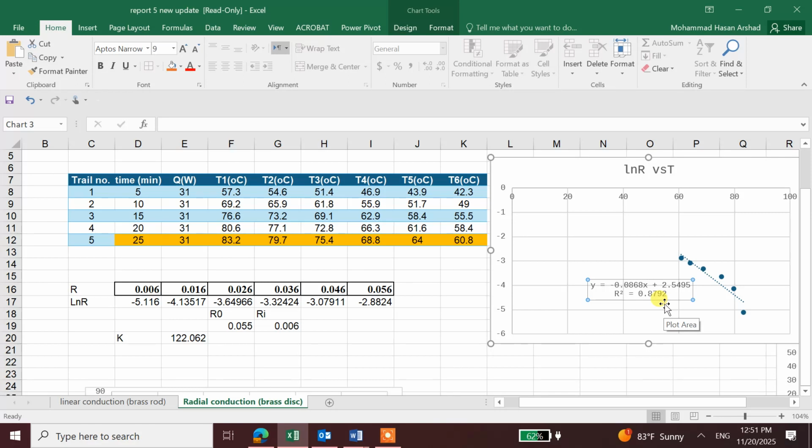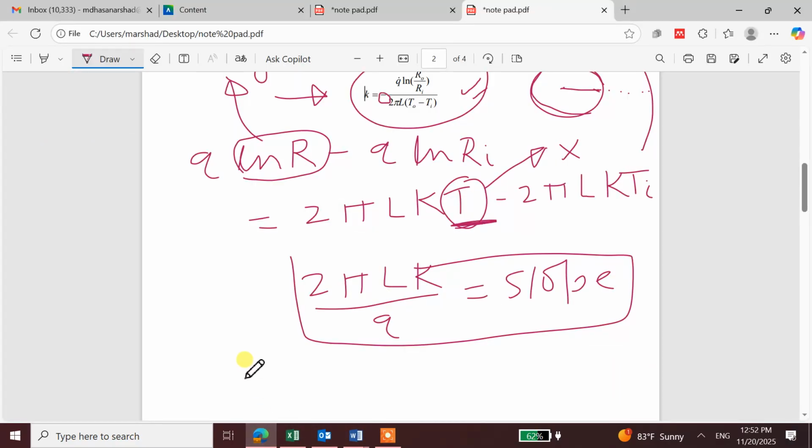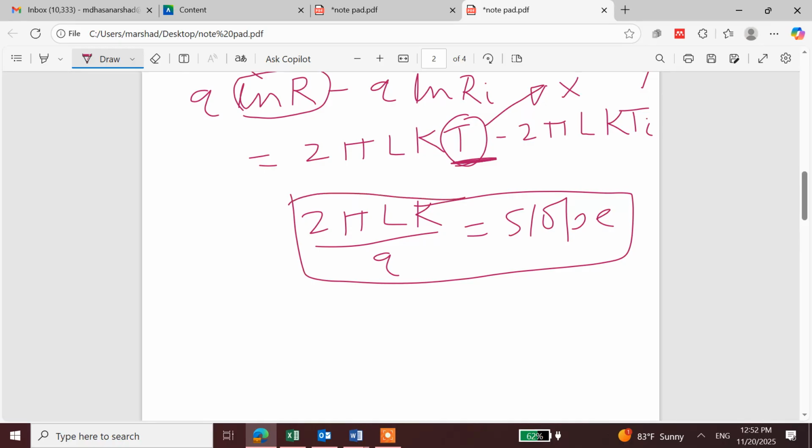In this case, the graph slope is minus 0.0868. So 2 pi L k over Q equals the slope.